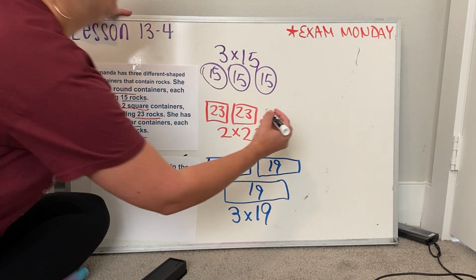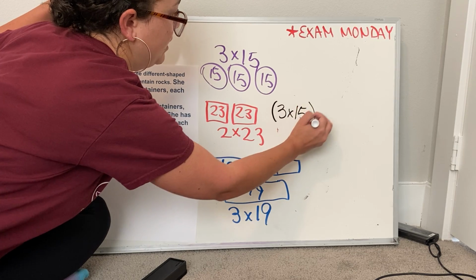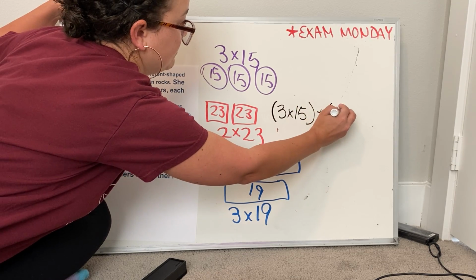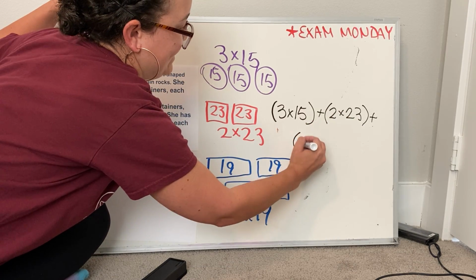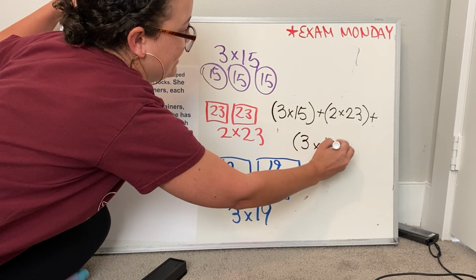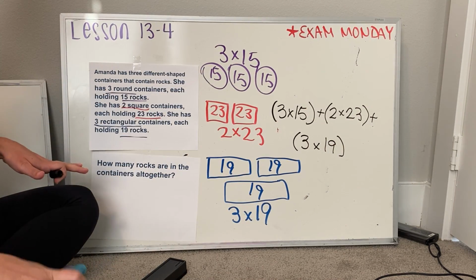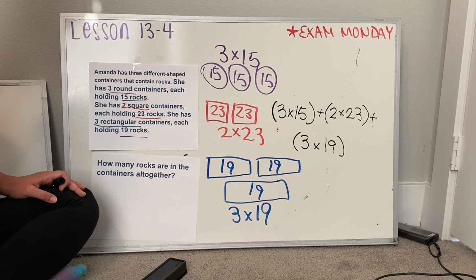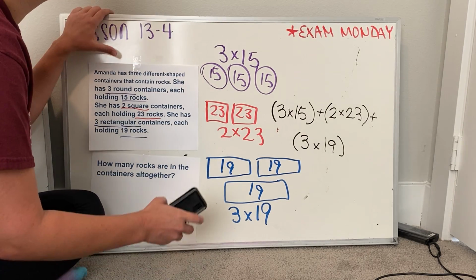So to solve this, we'd have to put 3 times 15 plus 2 times 23 plus 3 times 19. Obviously that would be one long one. And they're not asking you to solve it in this one, I think you're writing the expression, and actually they might ask you to solve it. So let's take a moment here and try to solve this problem.